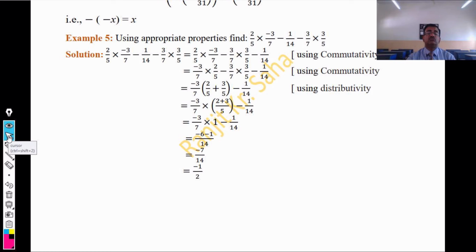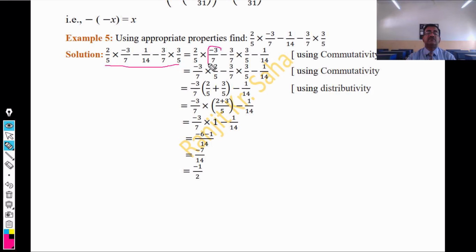Now you have to make a proper arrangement to solve. Here is 2 by 5 into minus 3 by 7 minus 1 by 14 minus 3 by 7 into 3 by 5. Then arrange here such that you can take the LCM easily or you can take common. Now it is the given question.